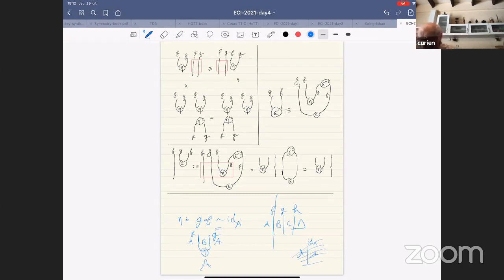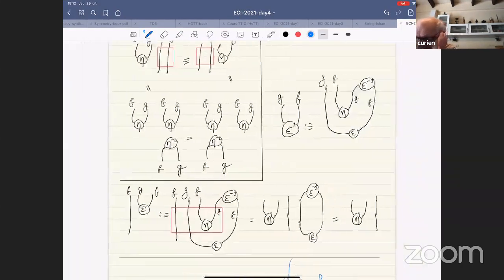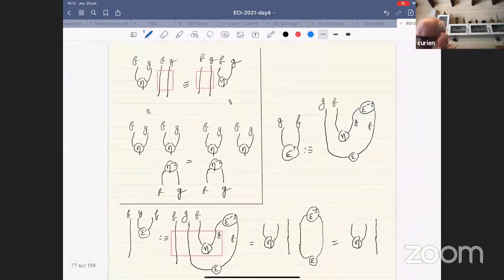So the eta will be a kind of an operator which absorbs F and G and does not have any exit. So maybe I should do this. Yes. So here, I'm zooming it here as well. So this is my representation for eta.